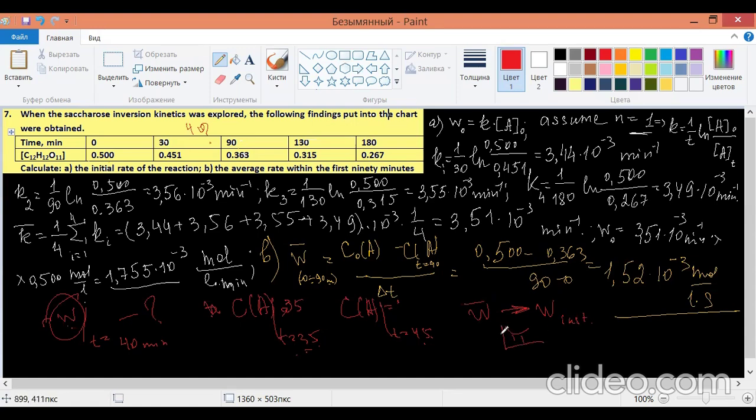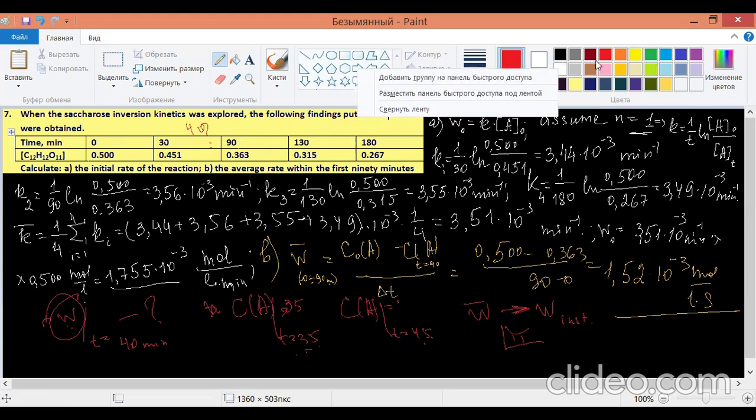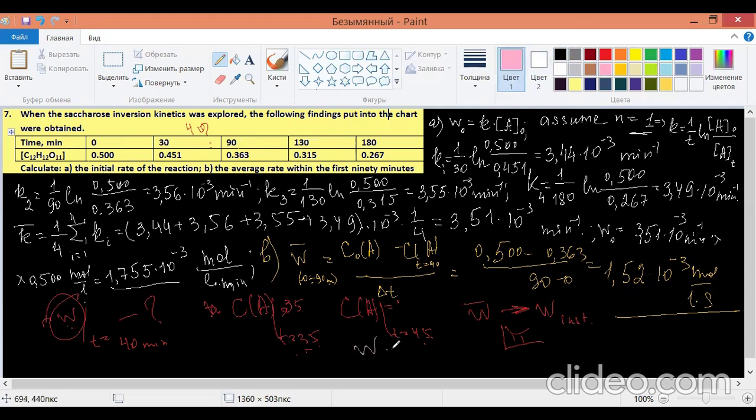That is one of the possible solutions. Another possible solution is that with the help of a computer program, for example Excel, we can plot this data. Then it will give us the line of approximation. In other words, that will give us the equation of how W depends on t.